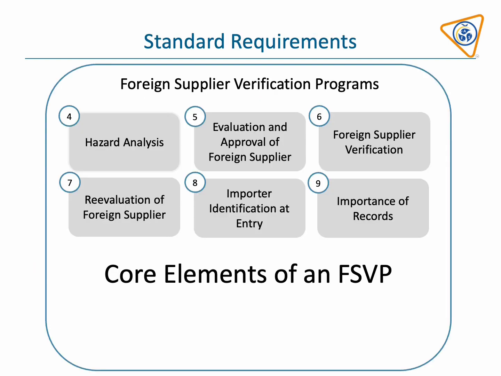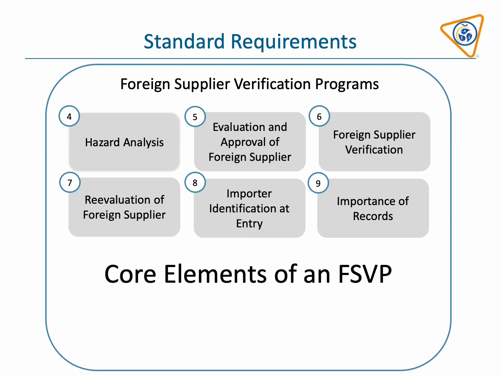Let's cover the standard requirements. 1. Hazard analysis. 2. Evaluation and approval of the foreign supplier. 3. Foreign supplier verification. The regulation requires on-site verification activities. Our company can assist with verifications on your foreign suppliers' sites.